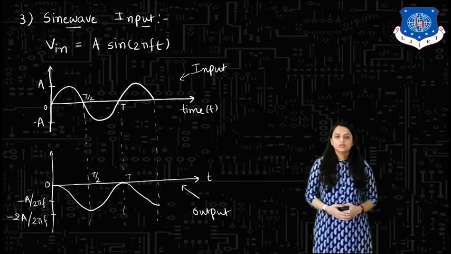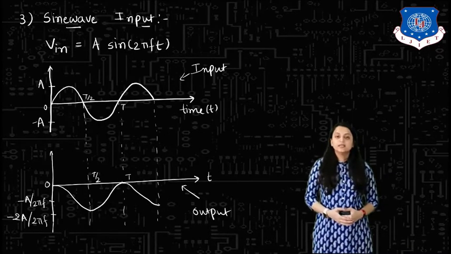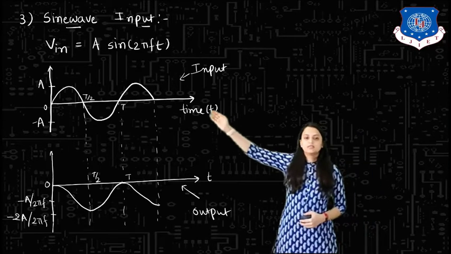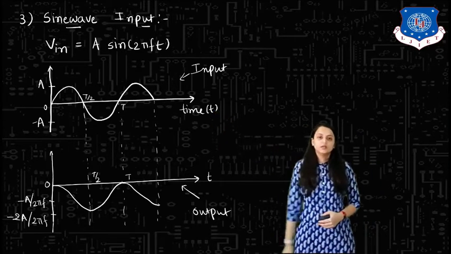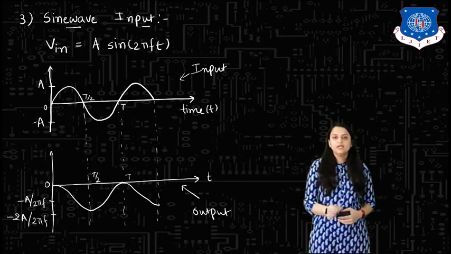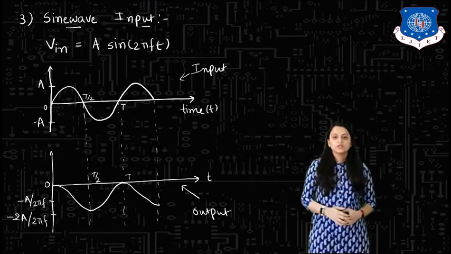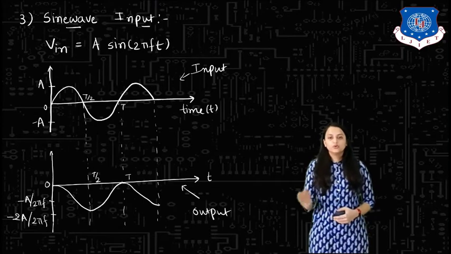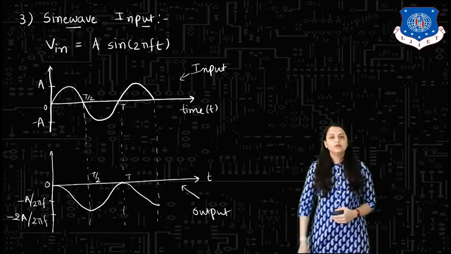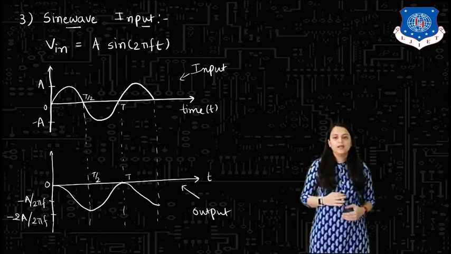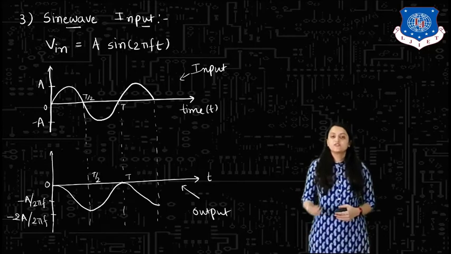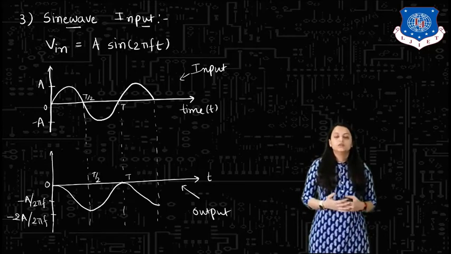Now, let us see the third case, that is sine wave input. Here in the figure, the sine wave input is indicated. Our input signal is Vin equals A sin 2 pi ft from the interval 0 to T for one cycle period, having the maximum amplitude plus A and minimum amplitude minus A. Now, we know that the integration of a sine signal is a cosine signal with a negative sign.